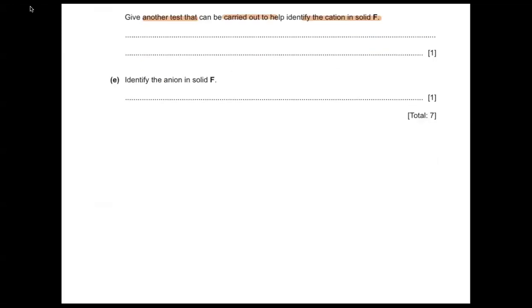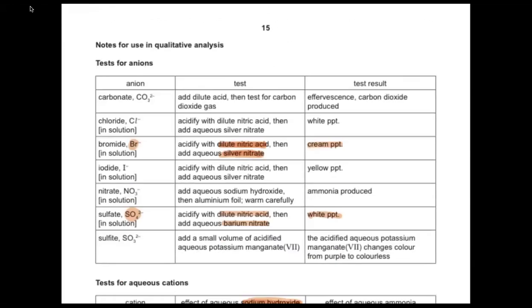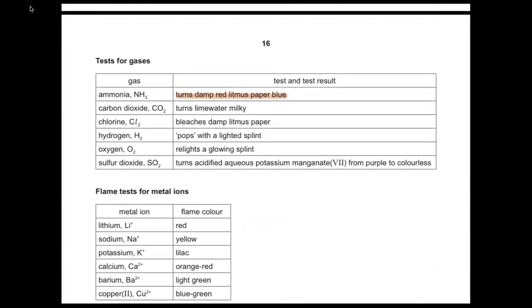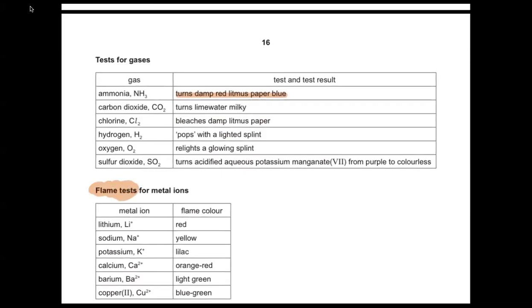See, over here we have used sodium hydroxide and we are not going to get any color. There is aqueous ammonia. So probably if we are not getting any color with aqueous sodium hydroxide, with aqueous ammonia we are not going to get any color either. So in this way, the best way to figure out the cation is the flame test.